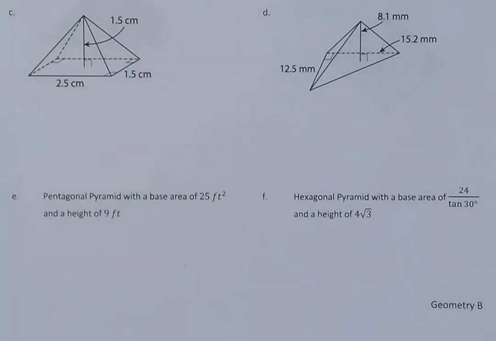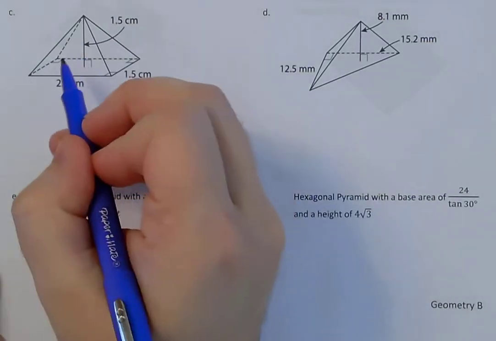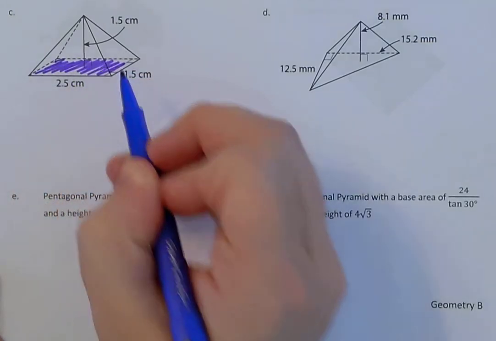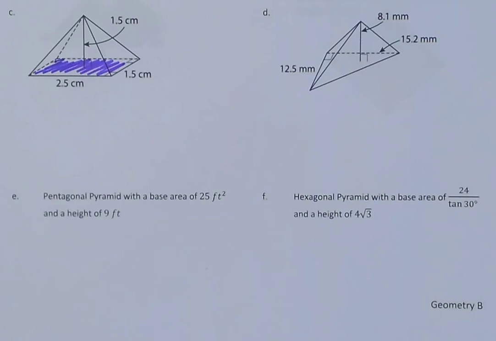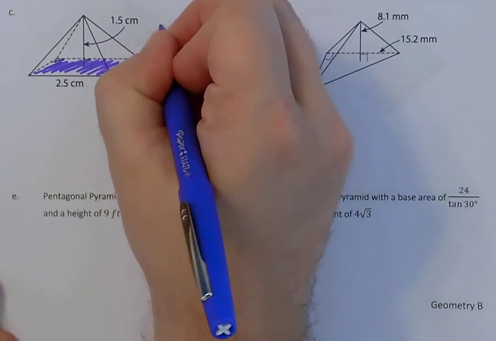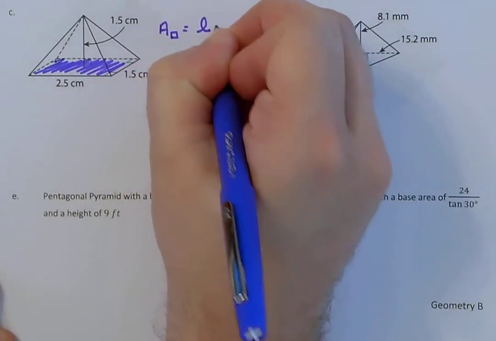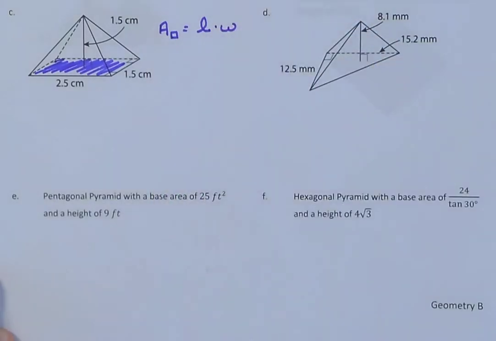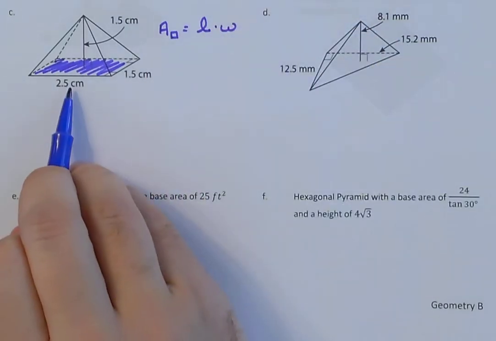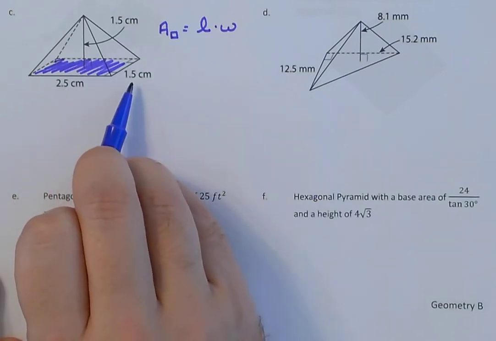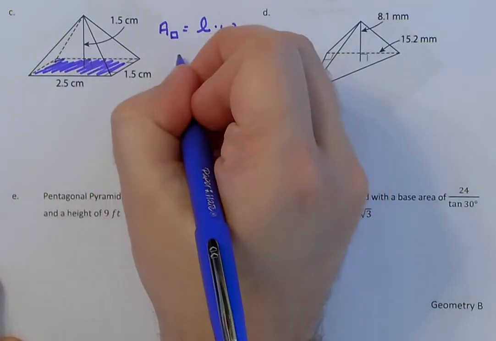All right, for C, yet again, we have a rectangular pyramid, meaning the base is a rectangle, so we need to figure out the area of the base. And remember, to figure out the area of a rectangle, it's length times width. Now, the length of this rectangle is 2.5 centimeters, and the width of this rectangle is 1.5.